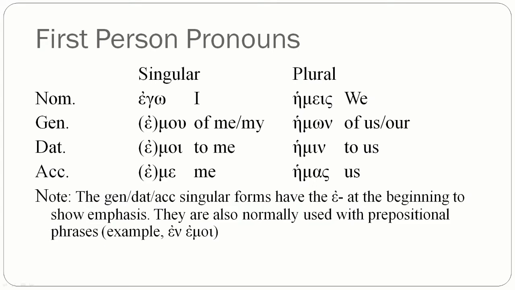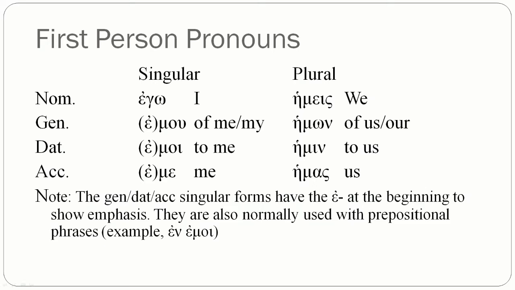The preposition en means in, and en always takes the dative, so you need the dative form. If it's a first-person singular pronoun, then that form is emoi. So you'd have that epsilon at the beginning, but that does not indicate emphasis here, it is just because it is with the prepositional phrase.